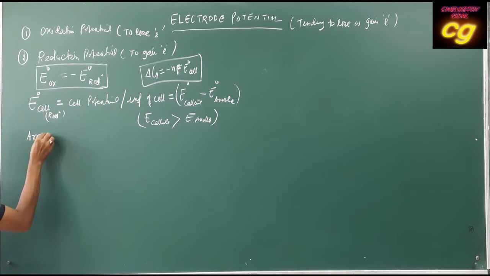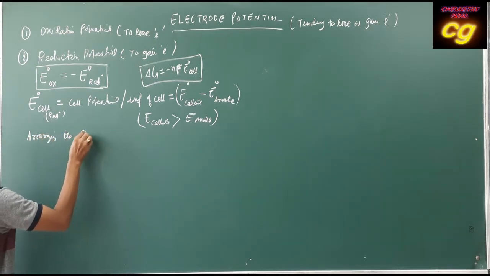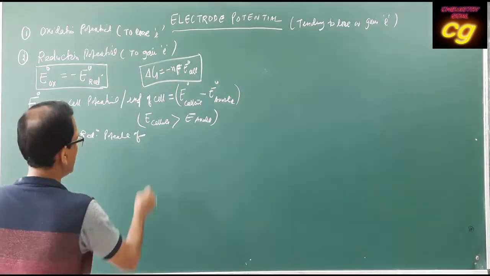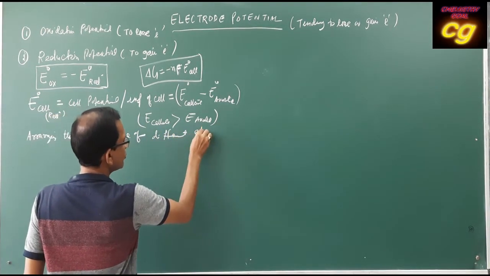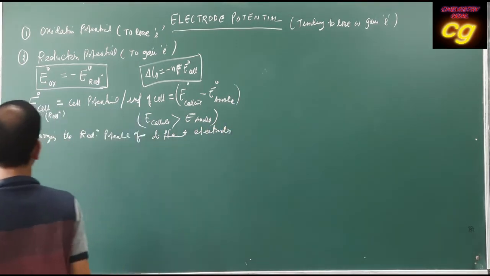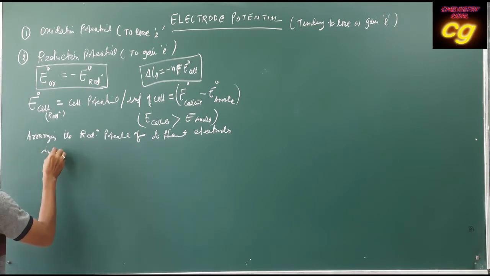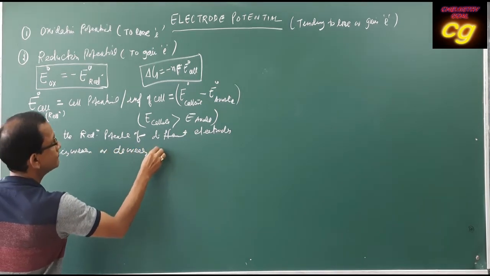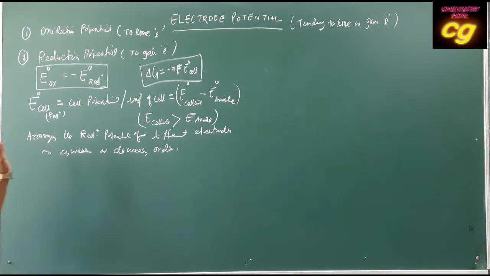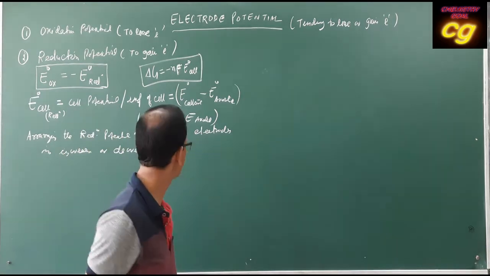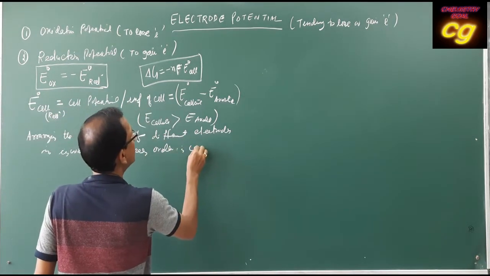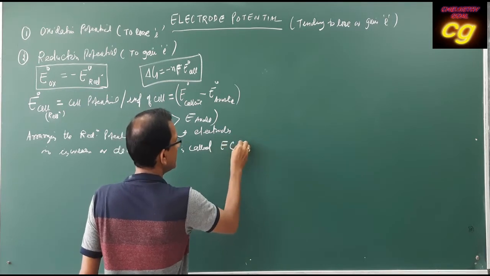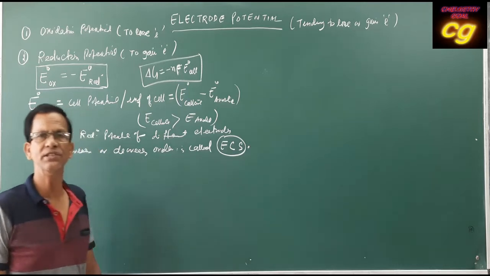Arranging the reduction potential of different electrodes in increasing or decreasing order is called the electrochemical series, ECS.